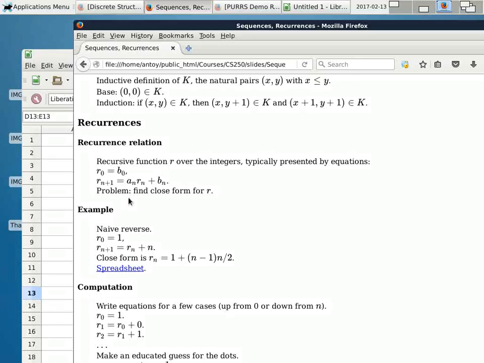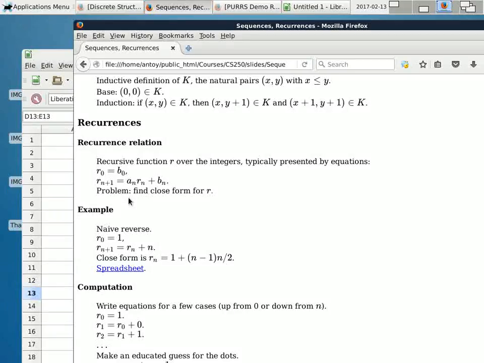This is the number of steps for sorting these two. And now, how many steps do I need to merge? 2n. And of course, this works well if I have a power of 2. So, 8, 16, 32, or whatever it is.